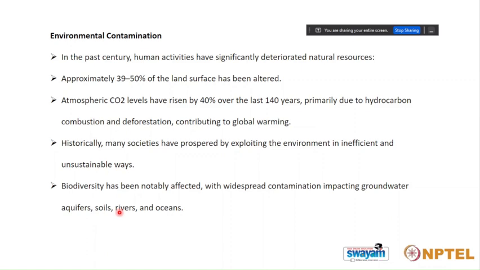This is primarily due to hydrocarbon consumption and deforestation. Hydrocarbon combustion leads to increased CO2 emissions, and due to deforestation, the number of trees available to capture CO2 is reduced. So this will ultimately cause global warming.